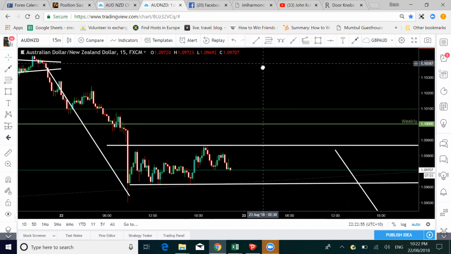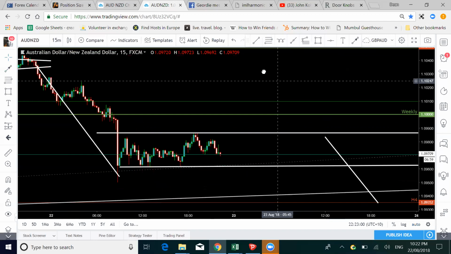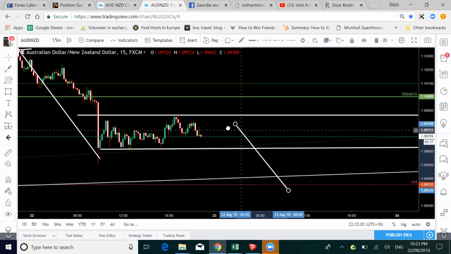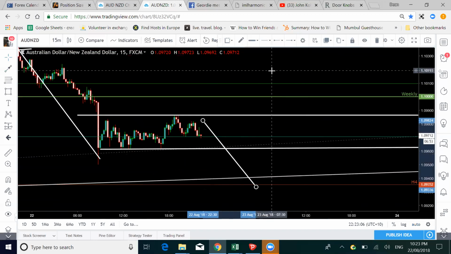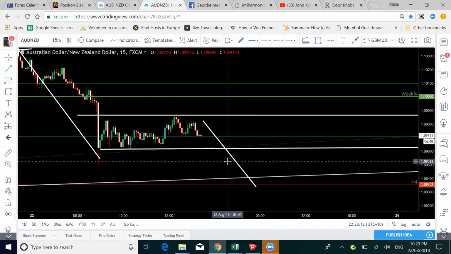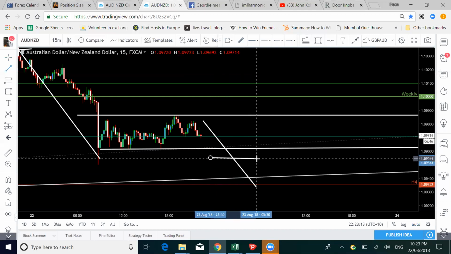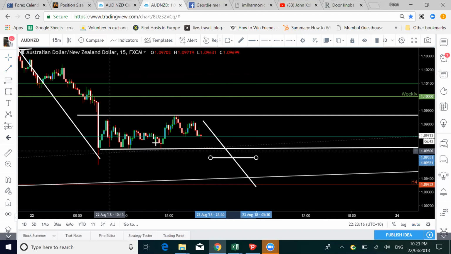so if the market does do its next impulse, because we're in that flag period, if it does do the next impulse down, we're simply looking for a sell stop in around here. Now you can see that the flag's being formed in around this area.